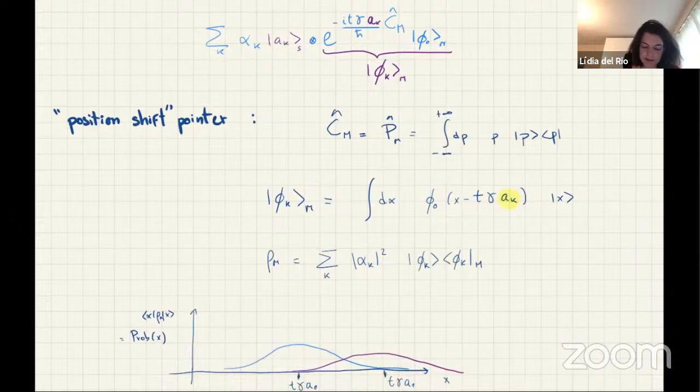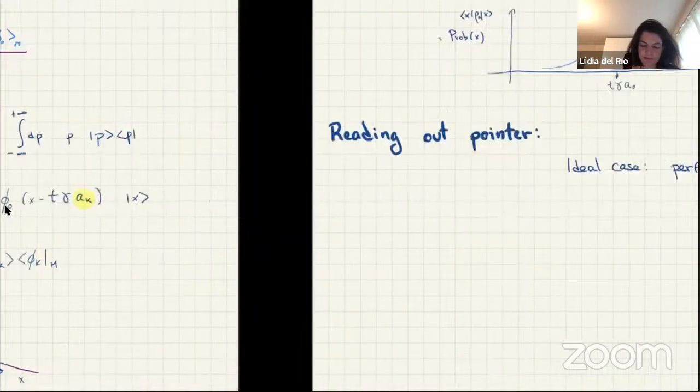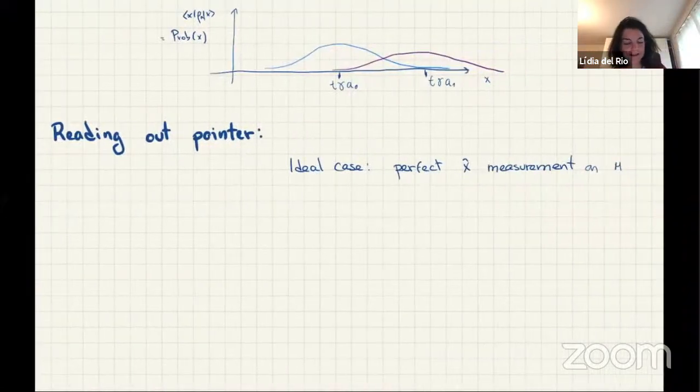Okay. So how do we do this? How do we then actually measure? We didn't get to this. But how we then actually get the outcome of our measurement that we wanted to do on the system is by now doing a measurement that's a bit stronger on the pointer itself, right?